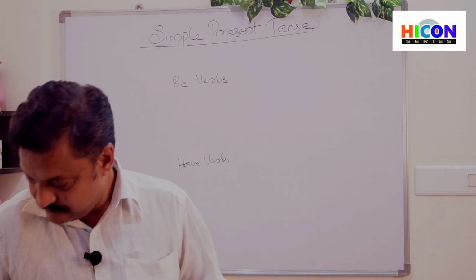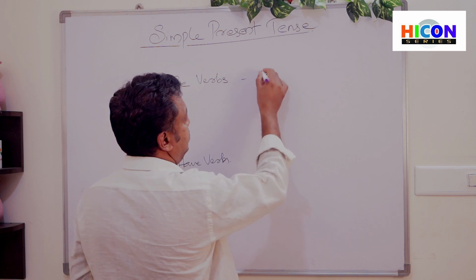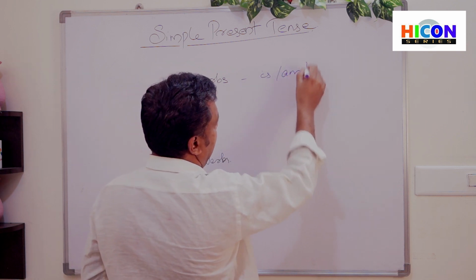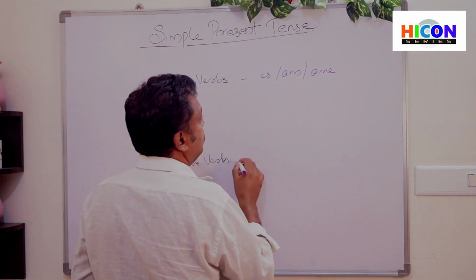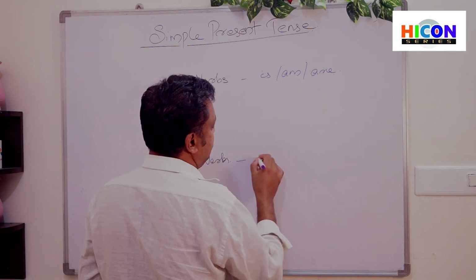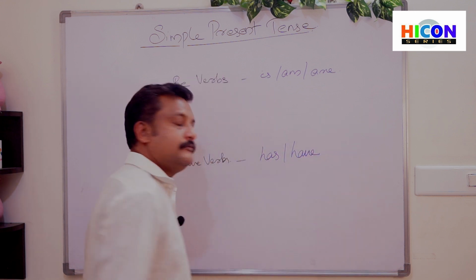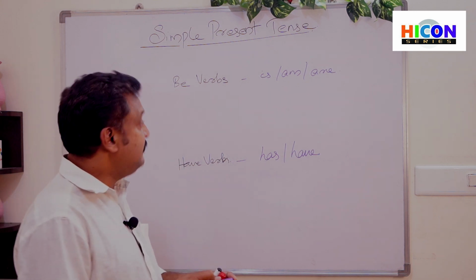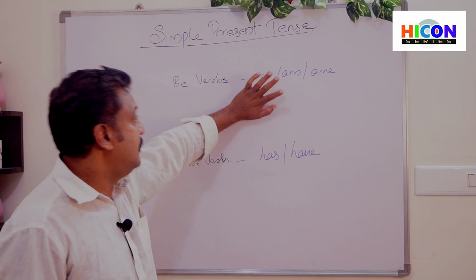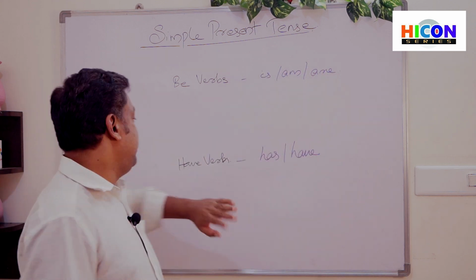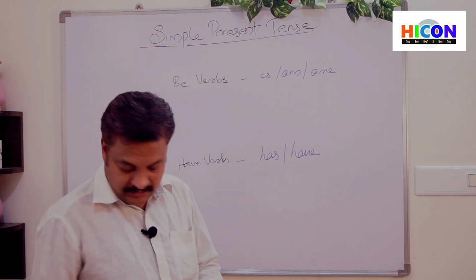Now, be verbs are is, am, are. Right? Have verbs are has, have. Okay, so in be verbs we have three verbs: is, am, are, and in have verbs we have two: has and have.